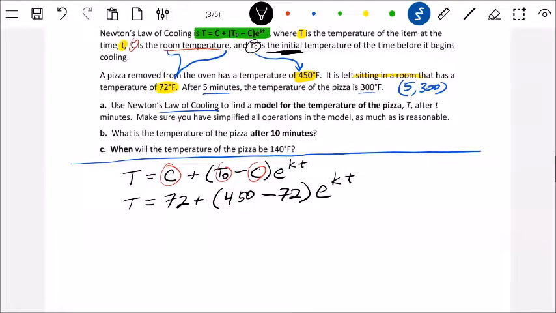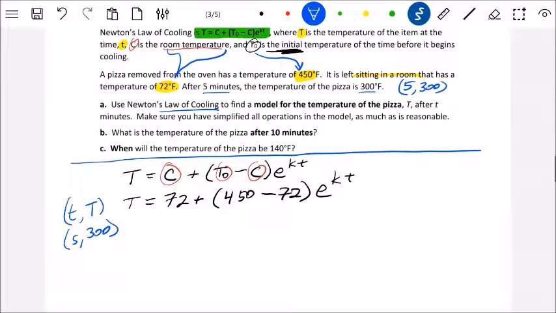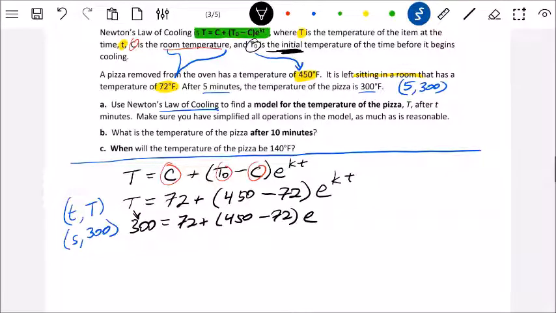Now, let's say we have given to us the time of 5 minutes with a temperature of 300. And that's going to help us get the k because we're going to put those in there. We're going to say 300 is equal to 72 plus 450 minus 72 e to the 5 times k.